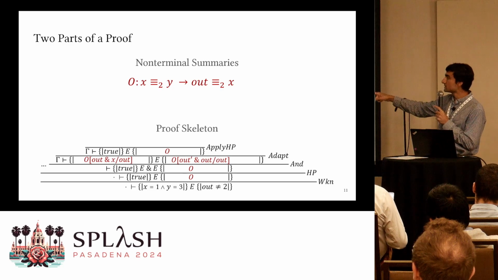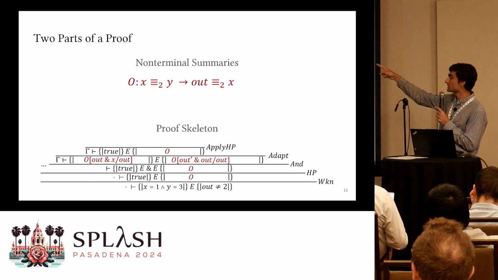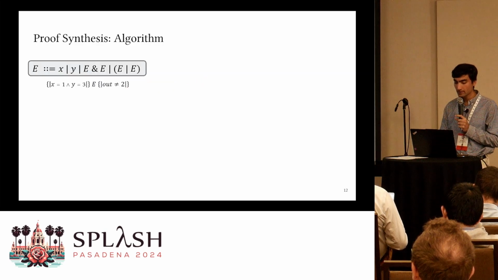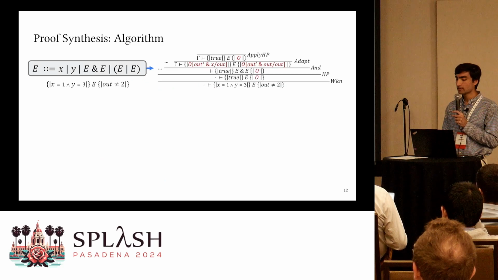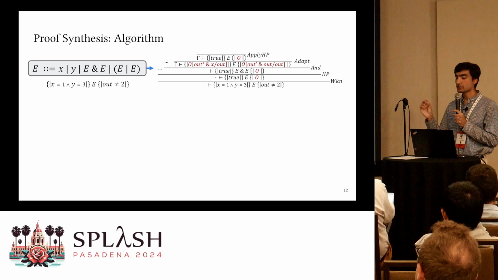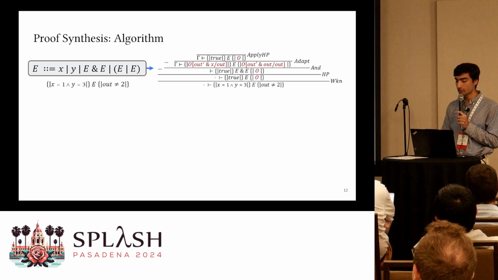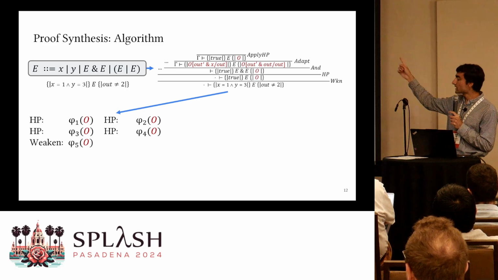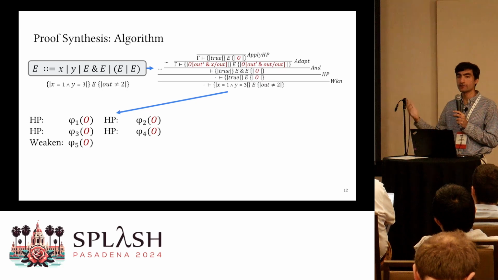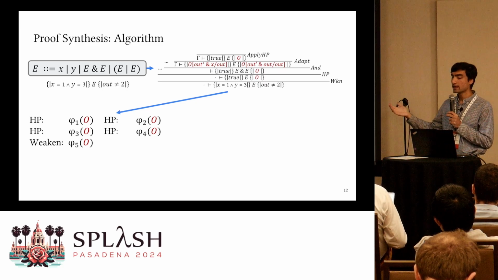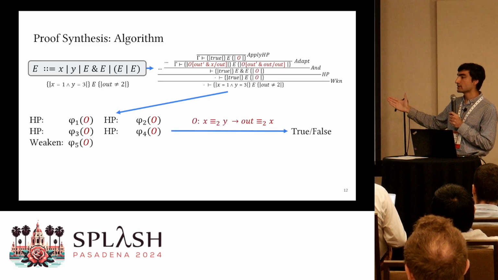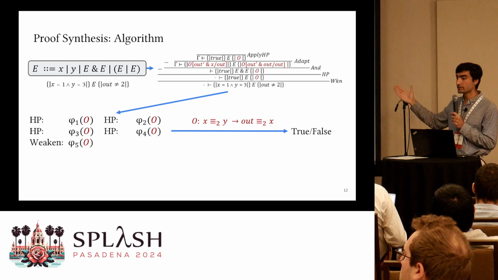And what this does is this means that if somebody specifies a summary like above, you can plug it into the proof skeleton. So the idea is that given our grammar, we derive a single proof skeleton like this, which is actually strong enough to prove any true fact over the grammar. From the skeleton, we can extract verification conditions that are parametric in our unknown non-terminal summary O. And then these verification conditions let us check whether a summary will or will not be able to complete our proof.